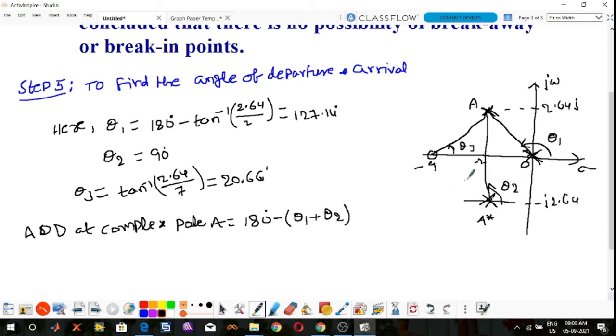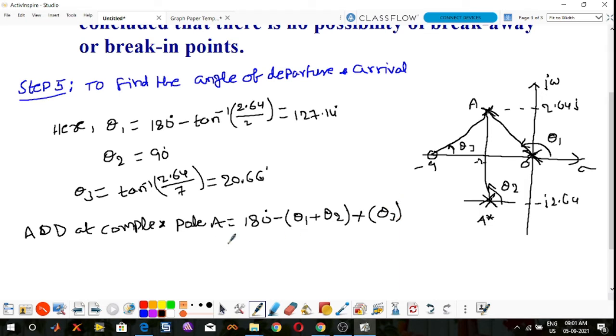Now here, what are the other zeros? This is another zero, and that angle is theta 3.